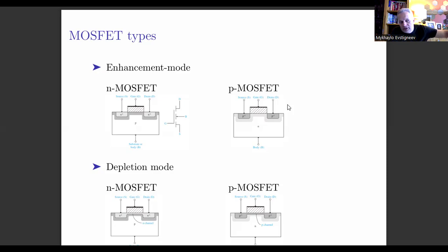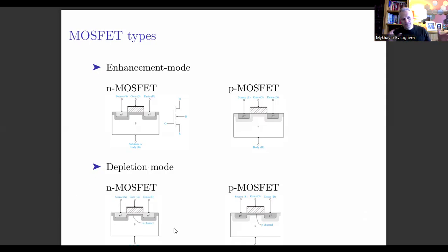And almost always, it is not really an inversion layer. So you have, let's say this is a depletion mode N MOSFET, like in the lower left diagram.